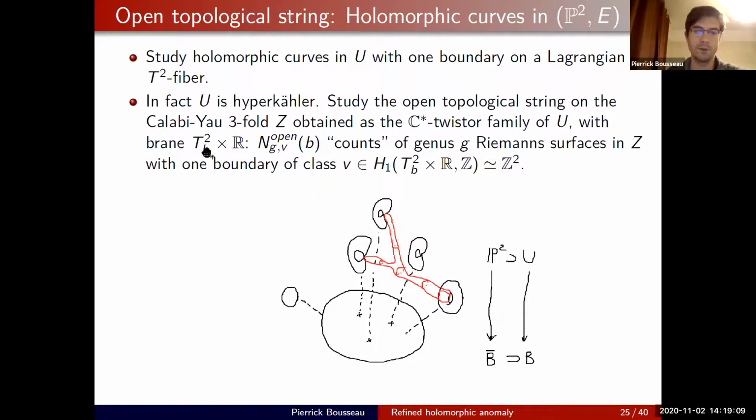If you fix a point b in the base of this fibration, you want to define some count N_g,γ open of b, counting genus g Riemann surfaces with one boundary, where the boundary has some class in H1 of the torus fiber, which is just Z squared if you fix a basis of one-cycles on your T2 fiber.